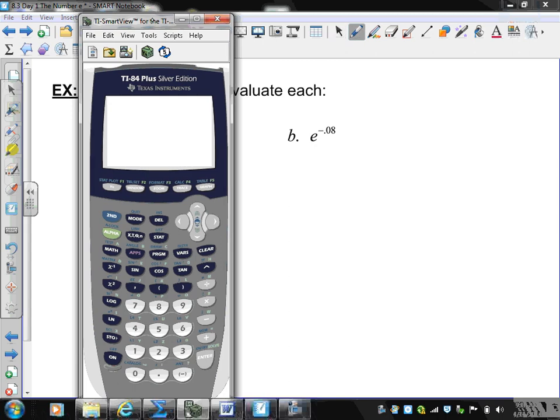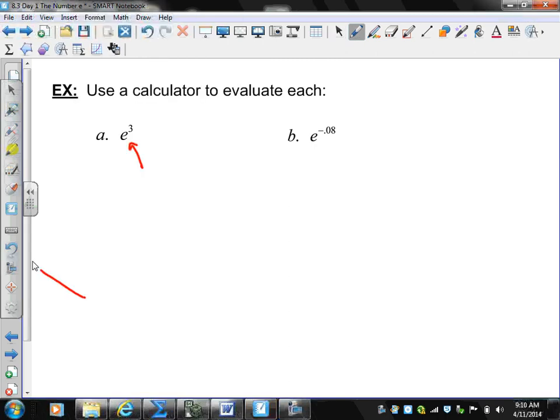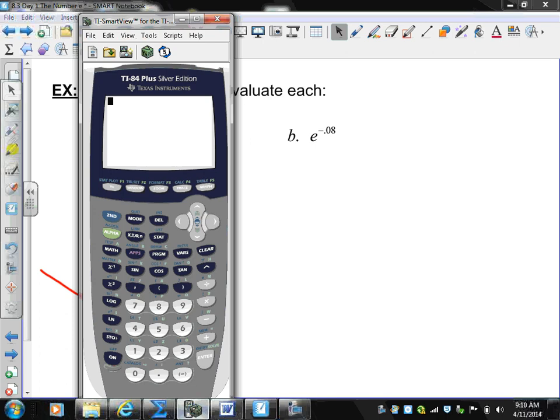Look on the lower left. See this button down here that I'm poking at? Right above that, on my calculator, it's blue. It says e to the x. Notice how it's in blue, which means I need to hit my second button, and then my natural log.